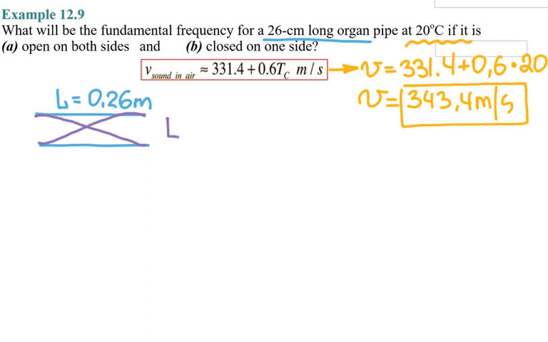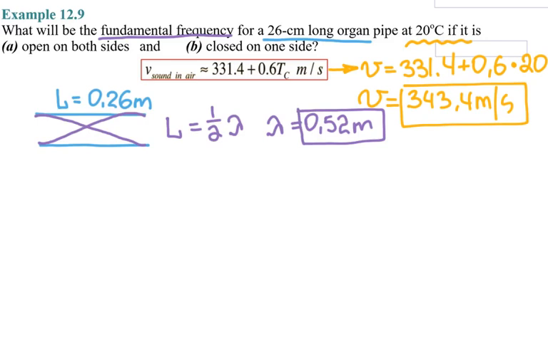So L in this case is equal to 1/2 of the wavelength, for the fundamental frequency. That would be the shape of the wave. If I multiply both sides by 2, I get 0.52 meters. So the wavelength is 0.52 meters.